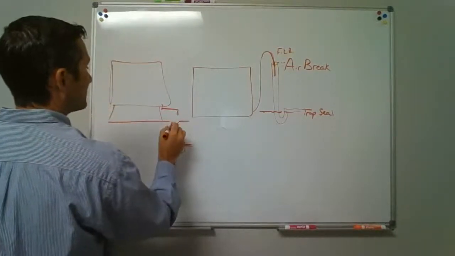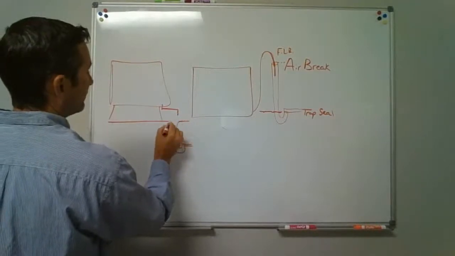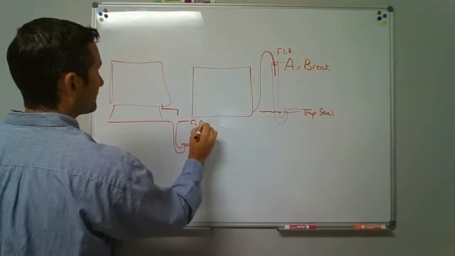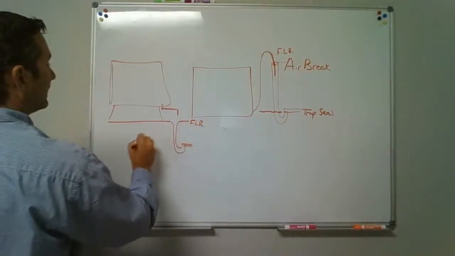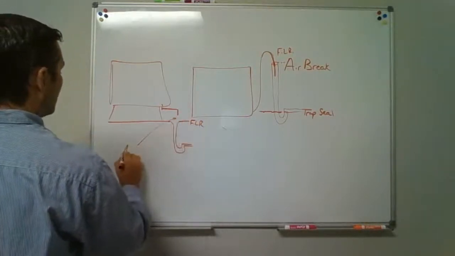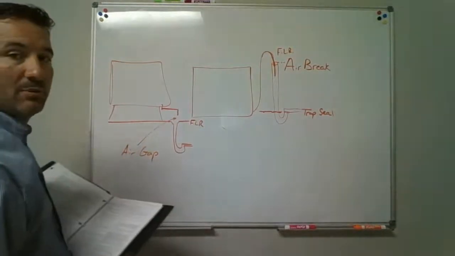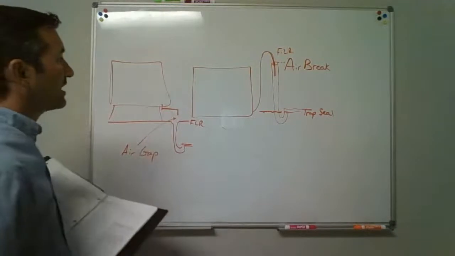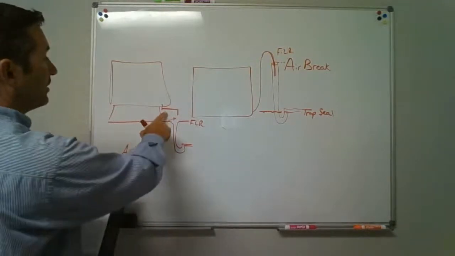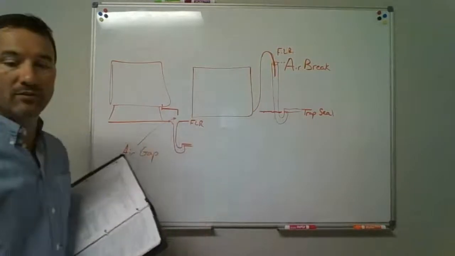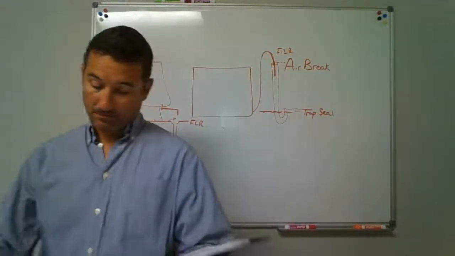And that just has this area in here between, so it's discharging above the flood level rim. And that's called an air gap. There's actually a gap in there. So there's the difference between the air break and the air gap. But these here are called indirect waste pipe connections, okay?